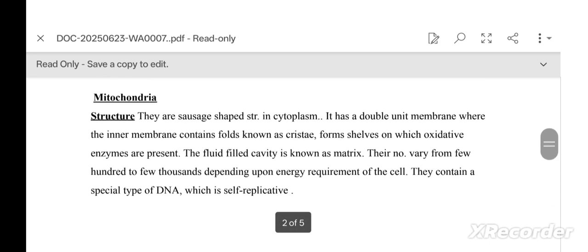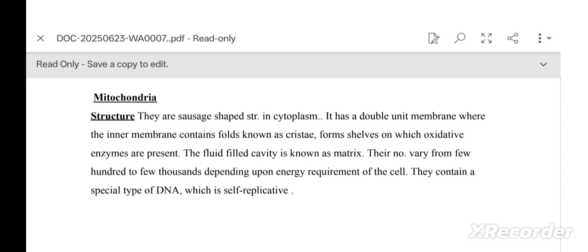Now mitochondria. Structure: they are sausage-shaped structures in the cytoplasm. They have a double unit membrane where the inner membrane contains folds known as cristae, on which oxidative enzymes are present.